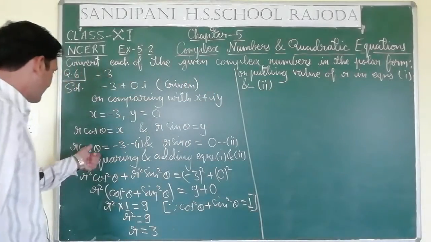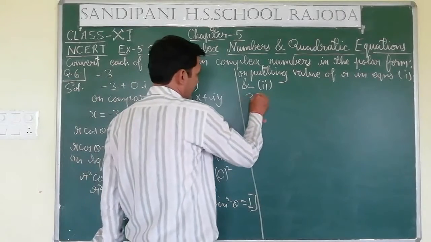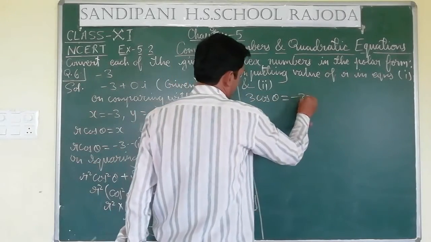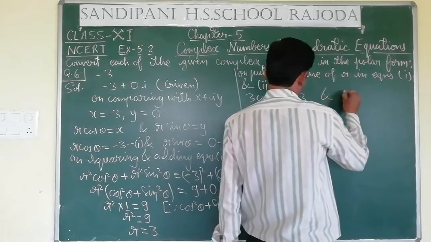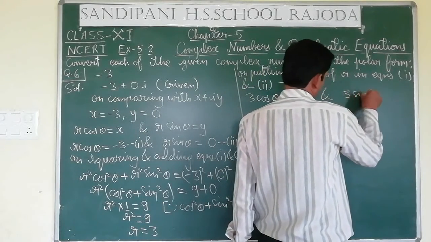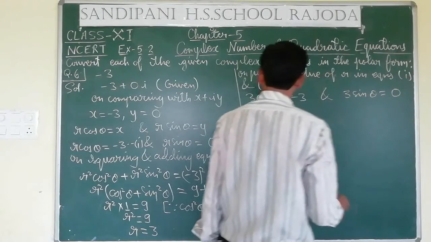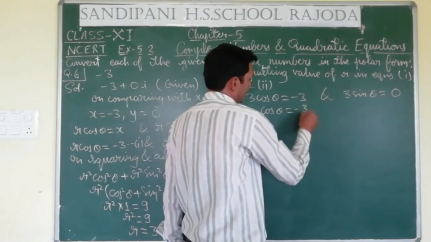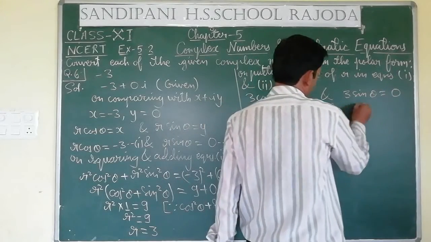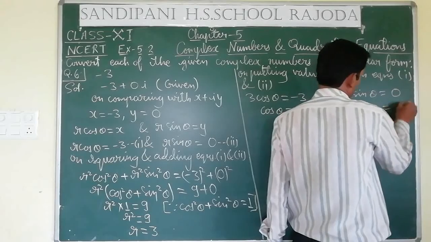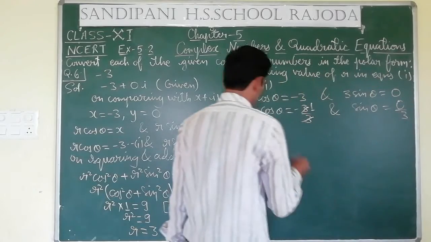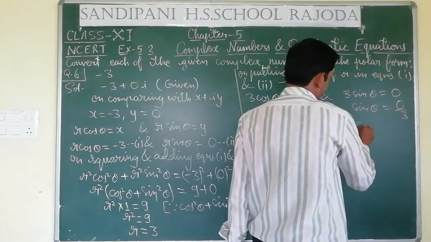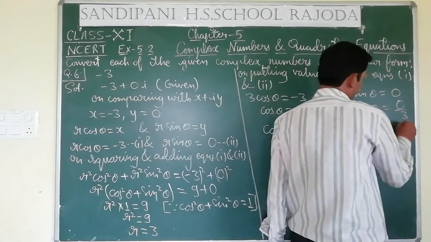If we put 3 here, then it will be 3 cos theta is equal to -3 and 3 sin theta is equal to 0. So cos theta is equal to -3 upon 3, that is equal to -1, and sin theta is equal to 0 upon 3. So cos theta is equal to -1 and sin theta is equal to 0.